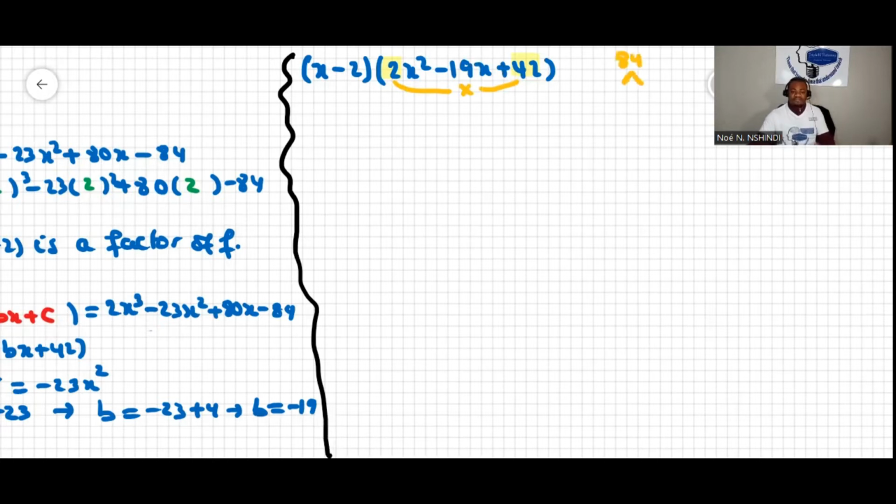Now I'm going to list the factors of 84, preferably in ascending order. So they are 1 and 84, because 1 times 84 makes 84, 2 and 42, then 3 and 28, then 4 and 21, then 6 and 14.